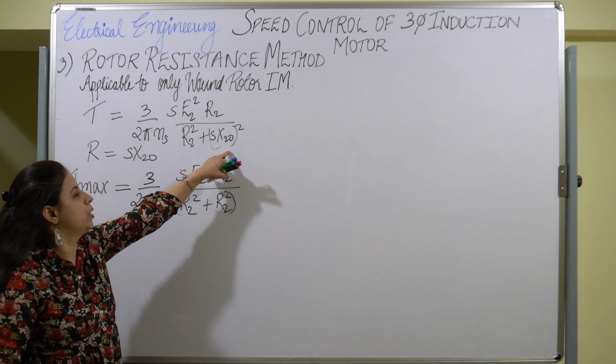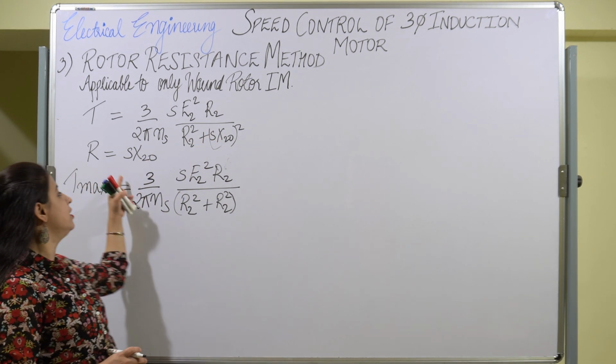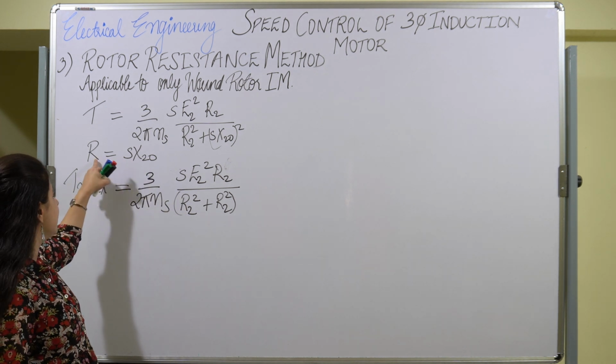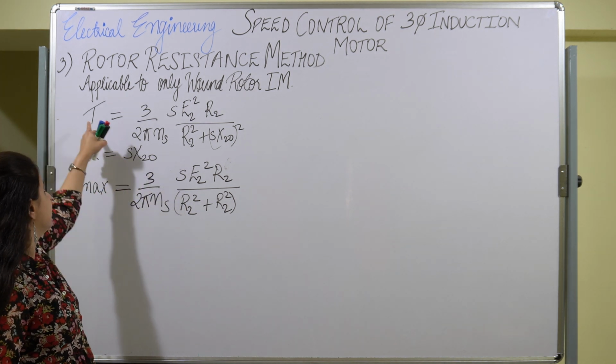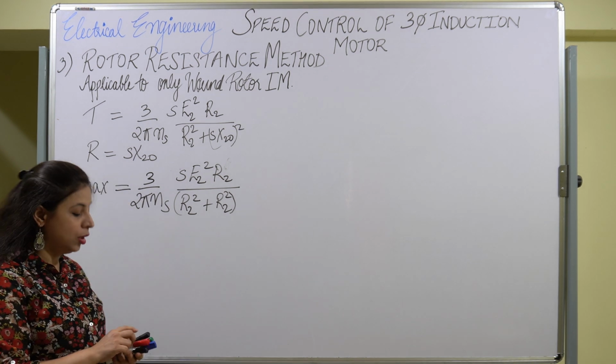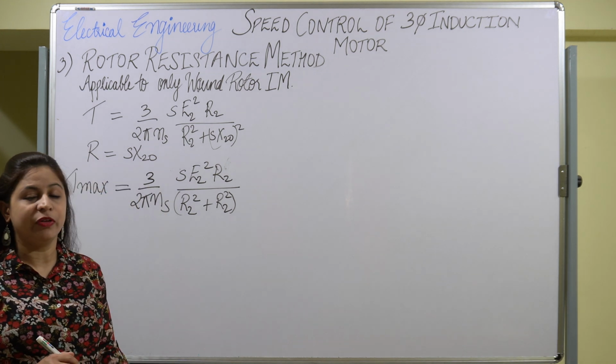Instead of (s X2 naught)², I can put R2, because when R2 is equal to s X2 naught, I attain the maximum torque. So maximum torque is attained when my resistance is equal to the reactance.